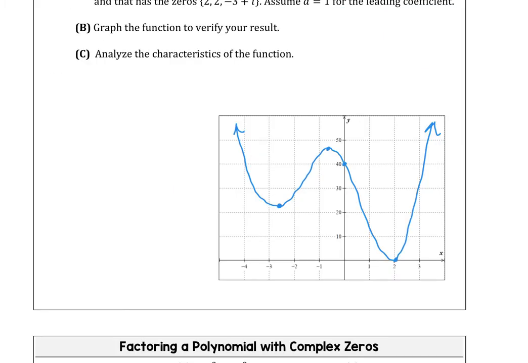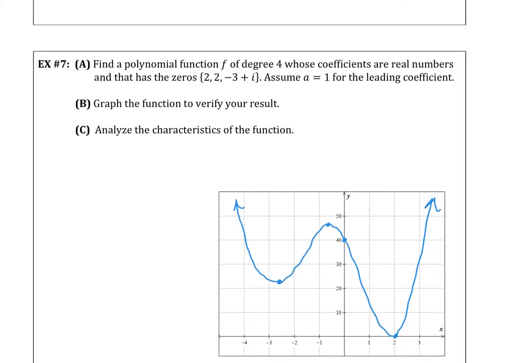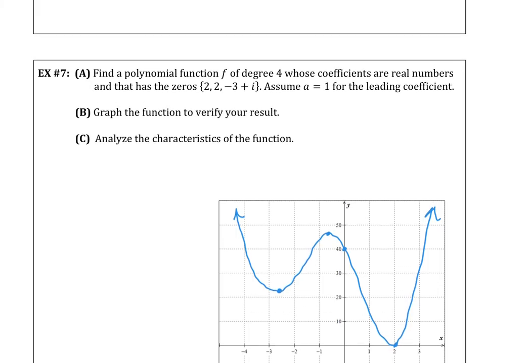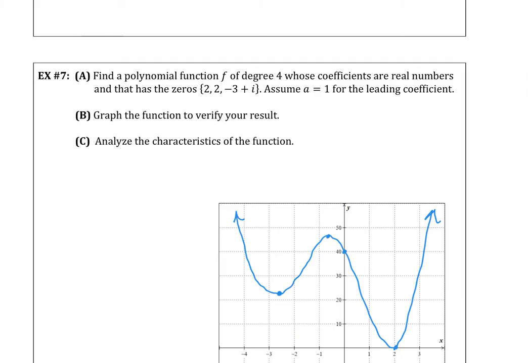For example 7, I've drawn the graph based on my previous work for this problem. We've got a polynomial, its degree is 4, so fourth degree, it's going to have that W shape to it. The real coefficients, the real numbers that have zeros are 2, 2, and negative 3 minus i.